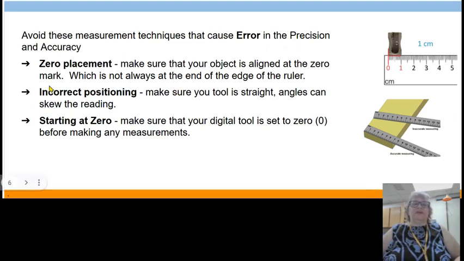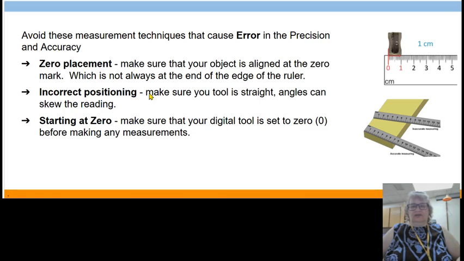If you don't put the zero placement in the right spot, for example, here I have my tool that I'm measuring, and I'm measuring it from the zero mark, not from the edge of the ruler. So make sure that your object is aligned at the zero mark, which is not always at the end of the ruler.